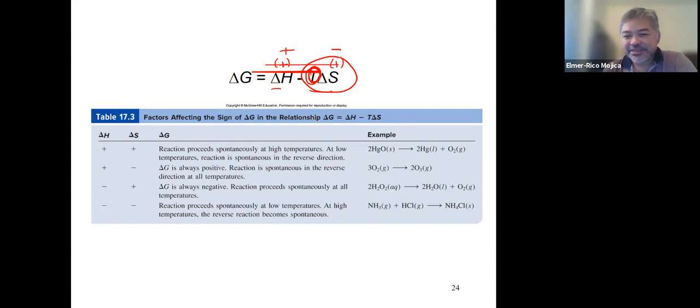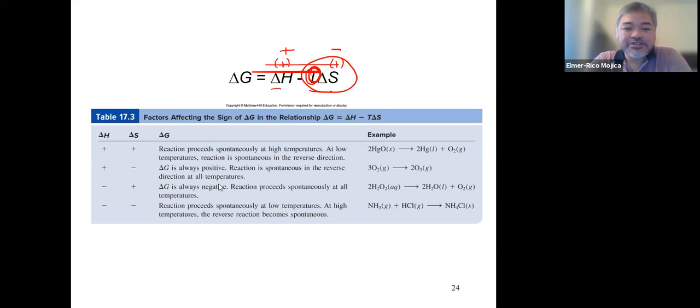Because negative times negative will give you what? Negative times negative will give you a positive. So everything will be a positive. So that means the reaction is non-spontaneous in the forward direction, but is spontaneous in the backward direction.